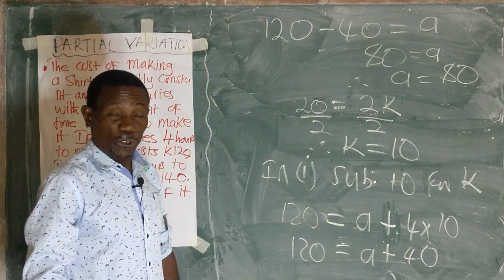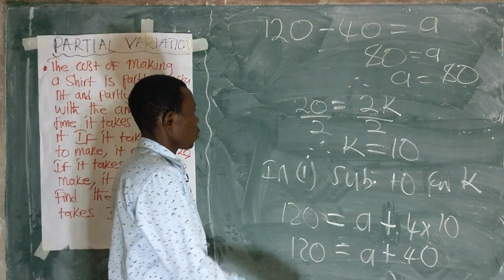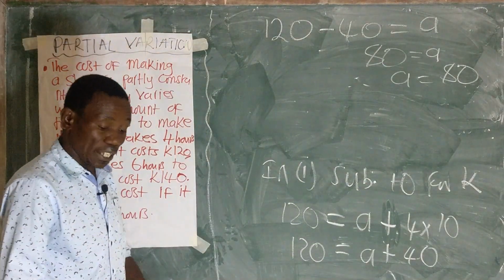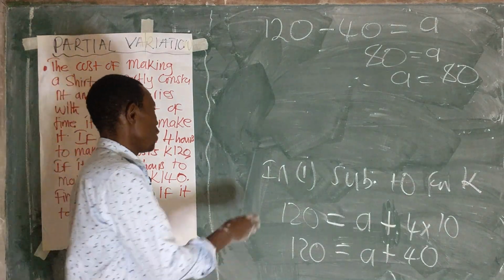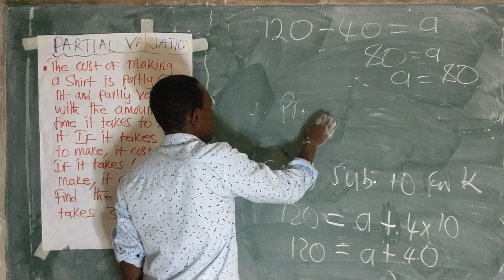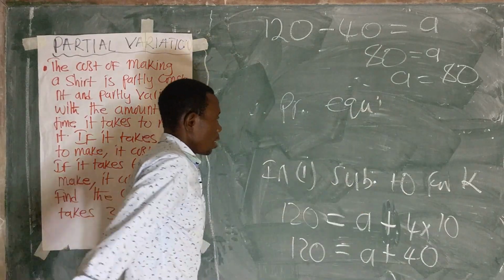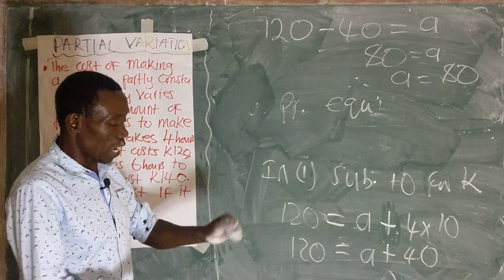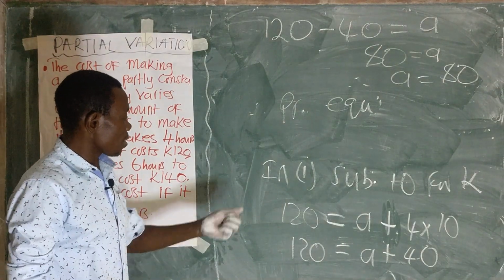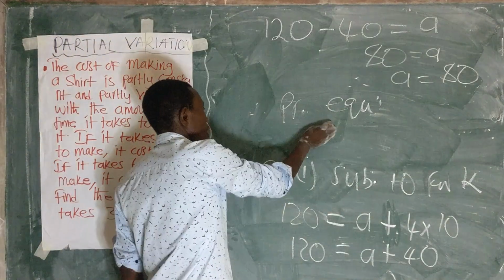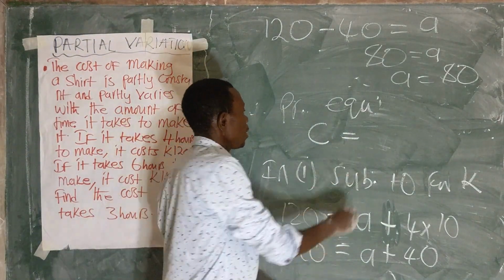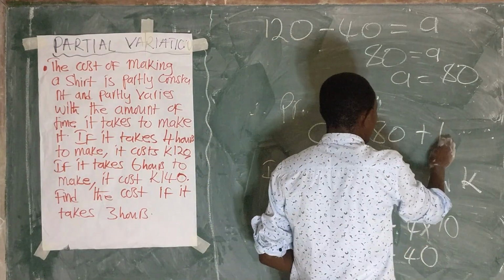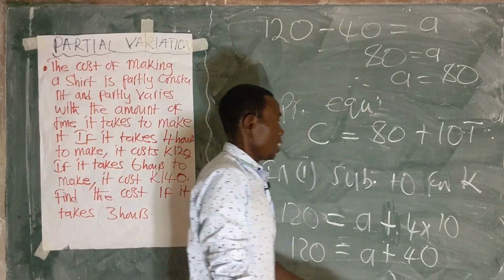Right. As usual, having worked out the values of the constants, let us now come up with the proportionality equation. It is that same one we had up there: C is equal to A plus K times t, which now comes in as C is equal to 80 plus 10 times t.